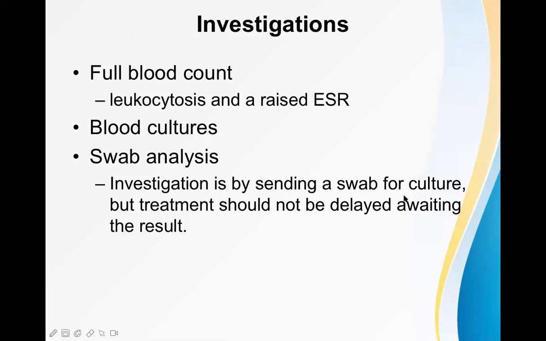If there is some exudation, take a swab from that and send it to the microbiology lab and they will give you the report. But we don't wait for the report. We use some empirical antibiotic, and later, after the report arrives, if the bacteria we are suspecting are not there, then we should change the course of antibiotic.